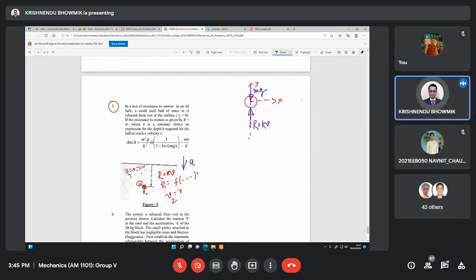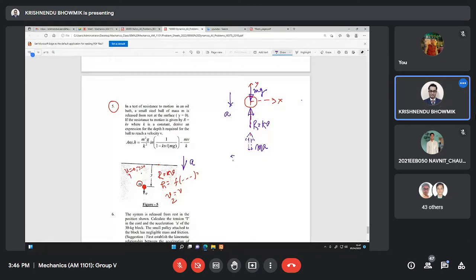Then, as per D'Alembert's principle, I can write here, this is ma acting in the reverse direction as the inertia force.